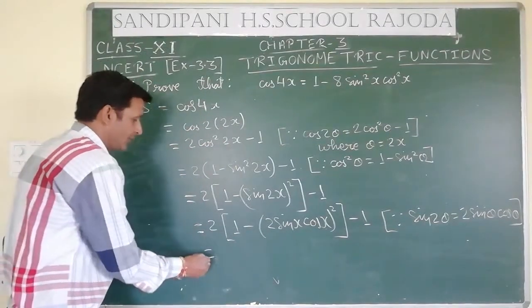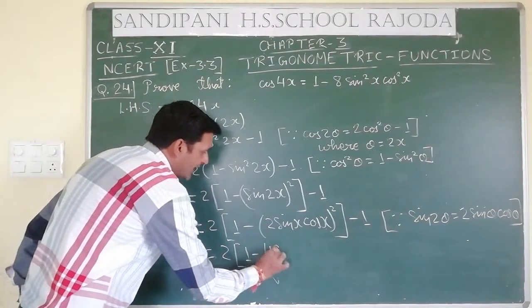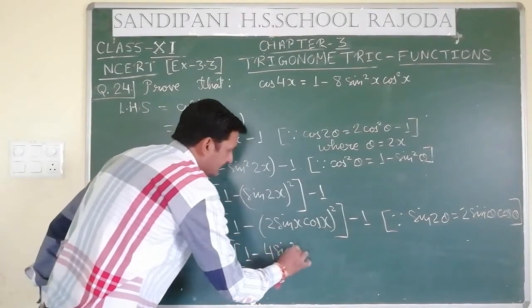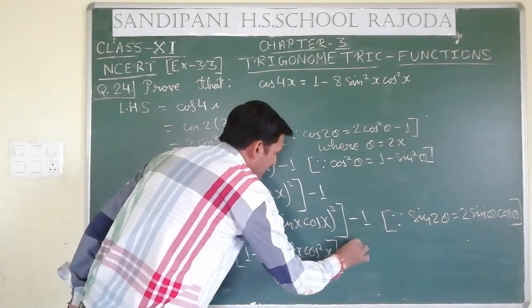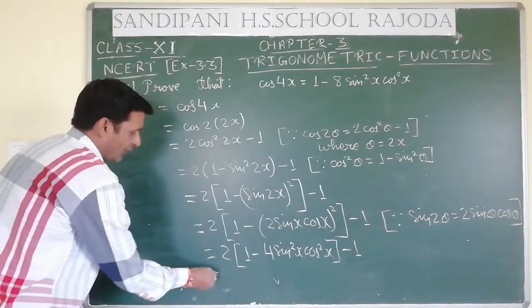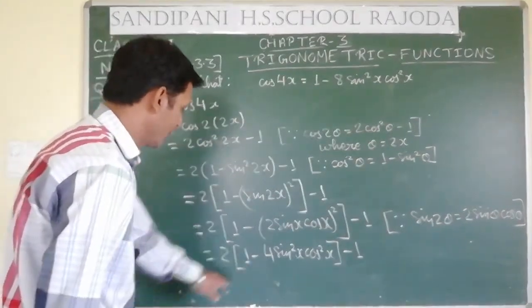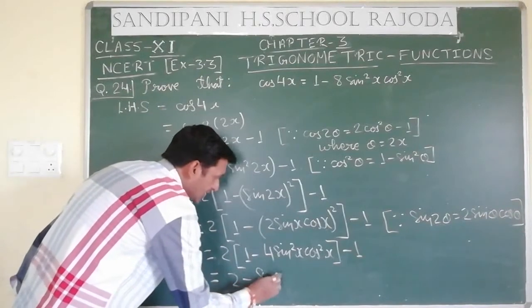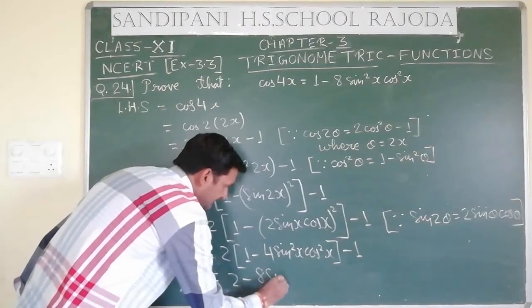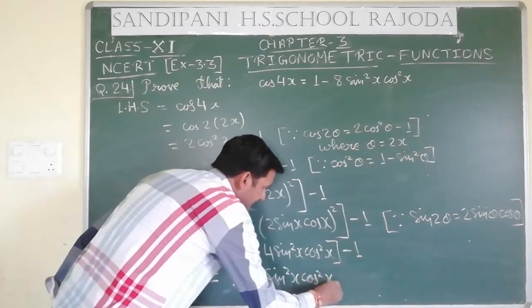So it will become 2 into 1 minus 4 sin square x cos square x minus 1. Now we have to apply multiplication here in bracket. So 2 1s are 2 minus 2 4s are 8 sin square x cos square x minus 1.